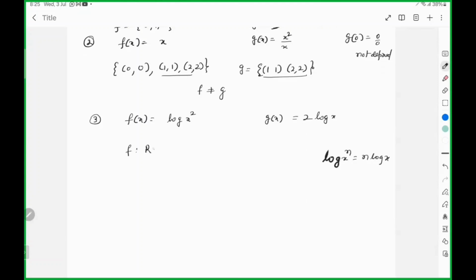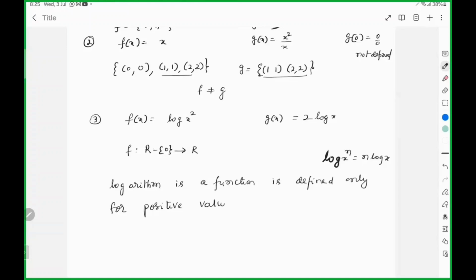Here f maps from R minus 0 to R, because the logarithm function is defined only for positive values of x.